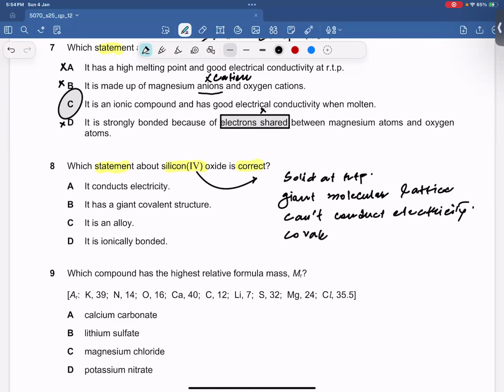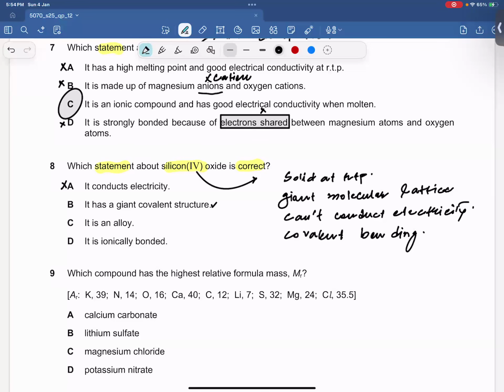It exhibits covalent bonding. So does it conduct electricity? Never. It cannot conduct electricity either in the solid or in the molten state. It is a giant covalent structure. That might be the right answer.